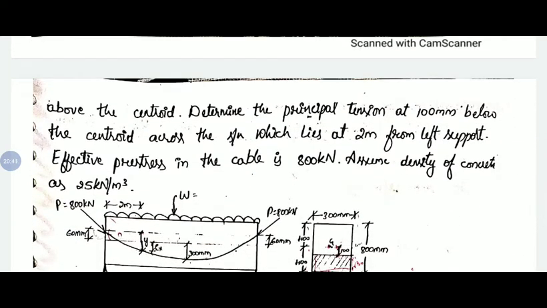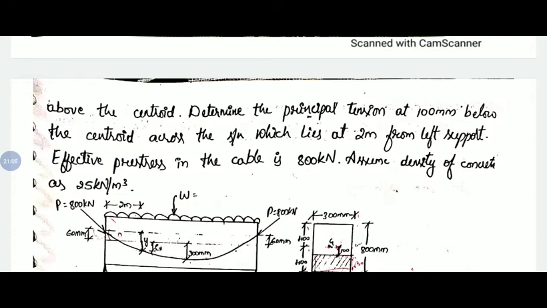Determine the principal tension at 100 mm below the centroid across the section which lies at 2 meter from the left support. Effective pre-stress in the cable is 800 kilonewton. Assume density of concrete as 25 kilonewton per meter cube.